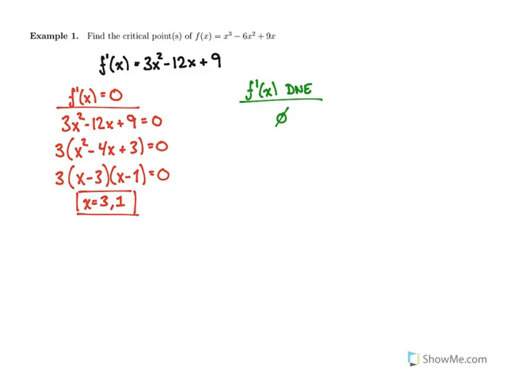We'll see an example in the next video where we will have to consider where the derivative doesn't exist. So our critical points are just x equals 1 and 3. We're going to revisit this example a couple times as we introduce our tests on the next couple pages.